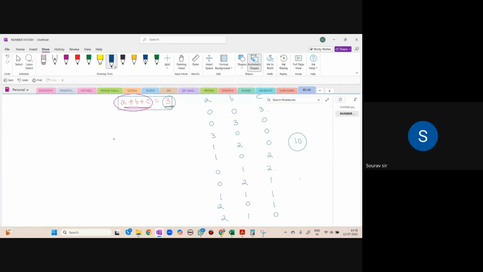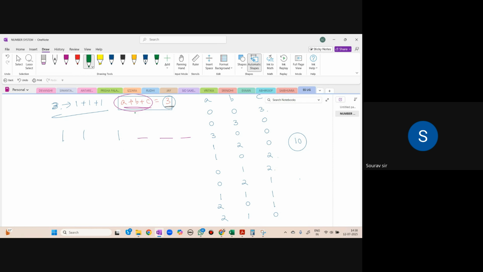Try to understand each step. I have 3, so I want to divide 3. So I take 3 as 1 plus 1 plus 1. No problem? Okay. Now I have 3 places, and these places can have a number or it can have 0 also. So I'm just keeping 3 places. Now I have to divide into 3 parts.